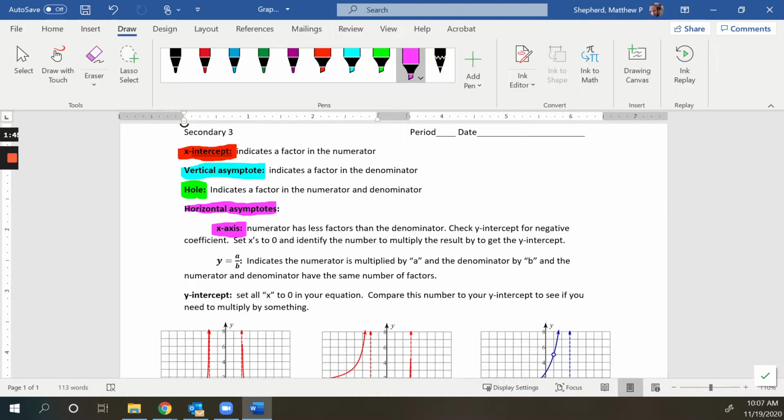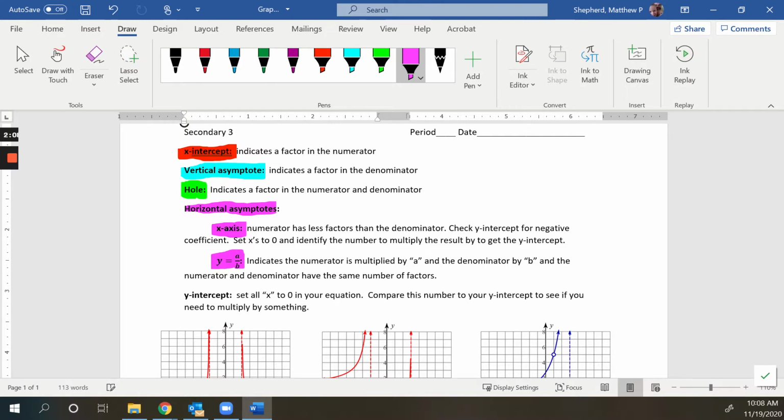So when we set all the x's to 0, what we'll get is our tentative y-intercept. And as we compare that to the actual y-intercept, we figure out what we need to multiply our equation by to get the y-intercept we were supposed to get.